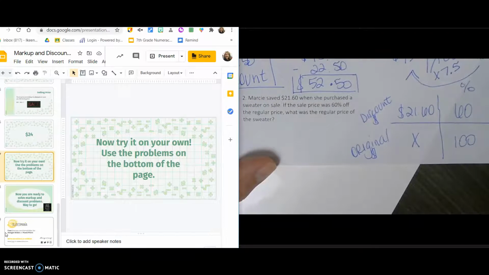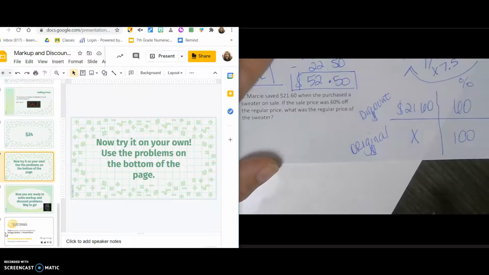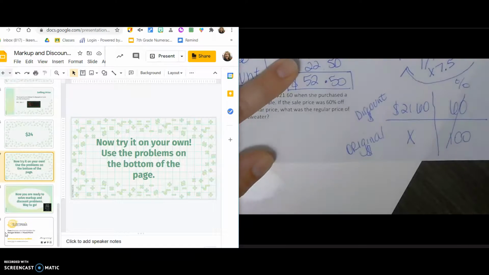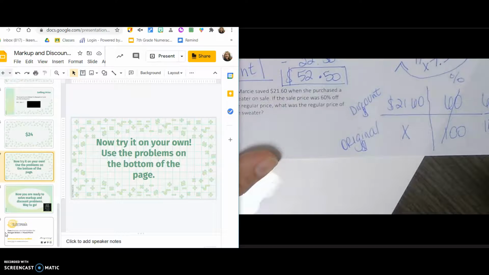All right, so again, we can do a couple of things. We can cross multiply. We can do 60x is equal to 100 times $21.60. Or we can try to simplify, so our numbers are going to be a little bit smaller. I know that both of these numbers are divisible by 10, so this becomes 60 divided by 10 is 6, and 100 divided by 10 is 10.